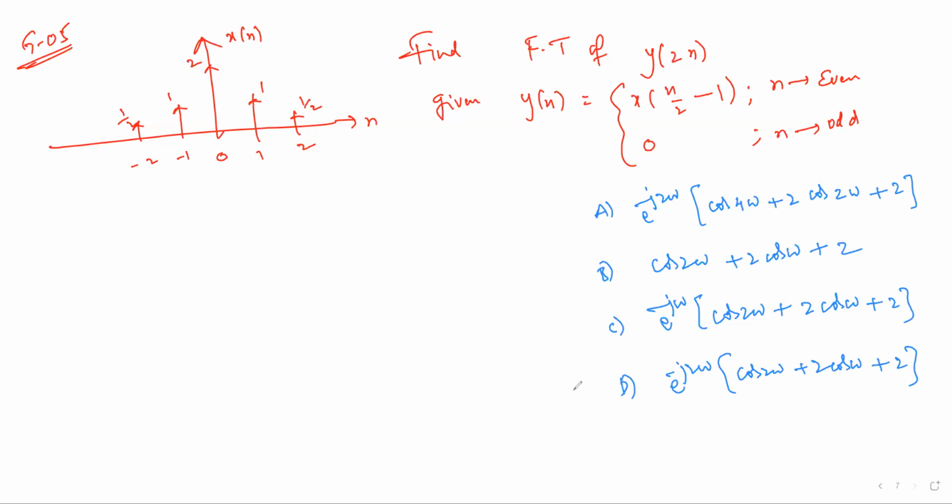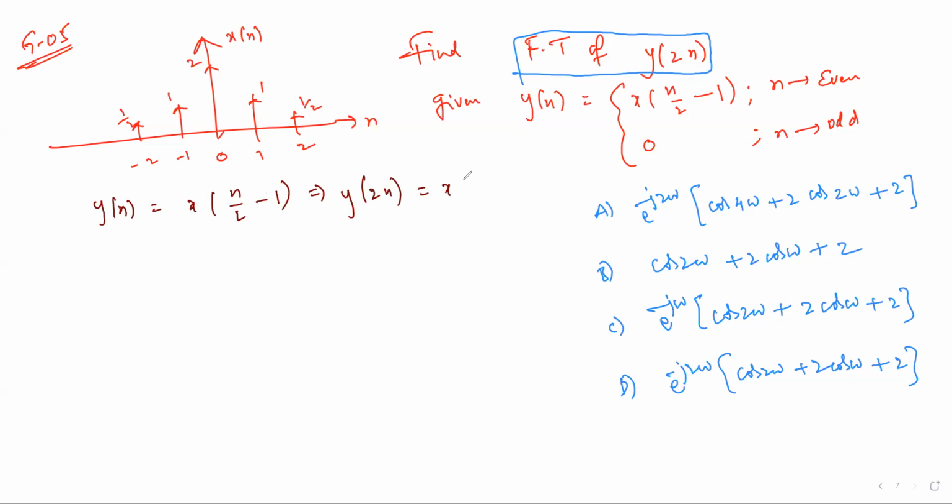Then find the Fourier transform of y of 2n. So what is y of n? It is given that x of n by 2 minus 1. That implies y of 2n will be x of n replaced with 2n, that means x of n minus 1.